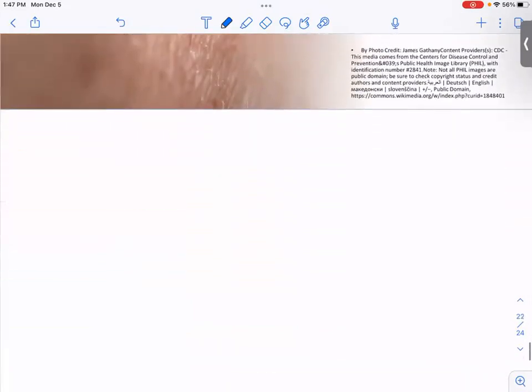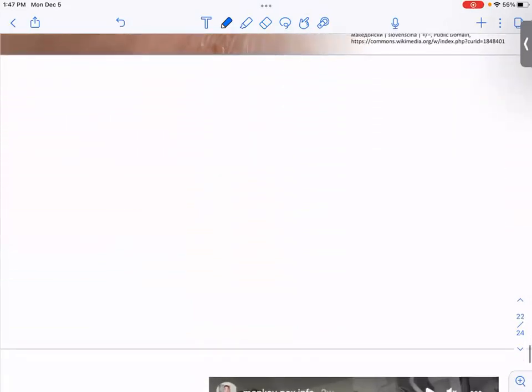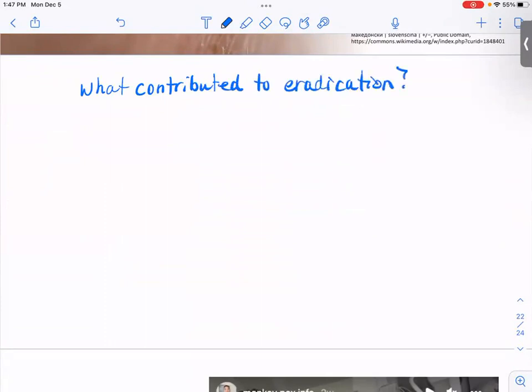Oh, one other thing that I want to talk about before I move on to monkeypox is, this is the first disease that we have eradicated. So what aspects of the infection contributed to eradication? It's not likely that we will be able to eradicate very many other infections.